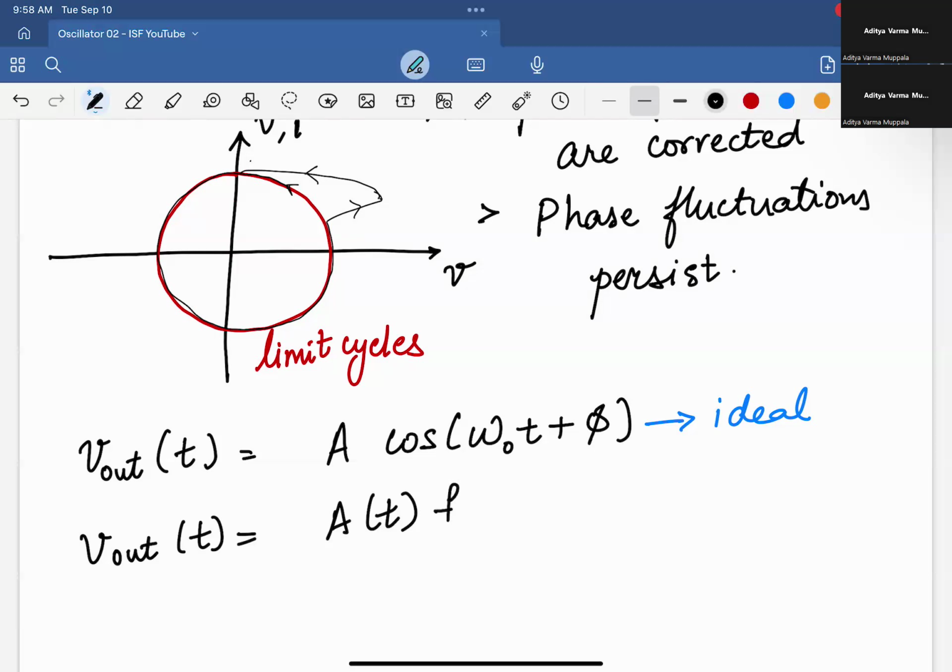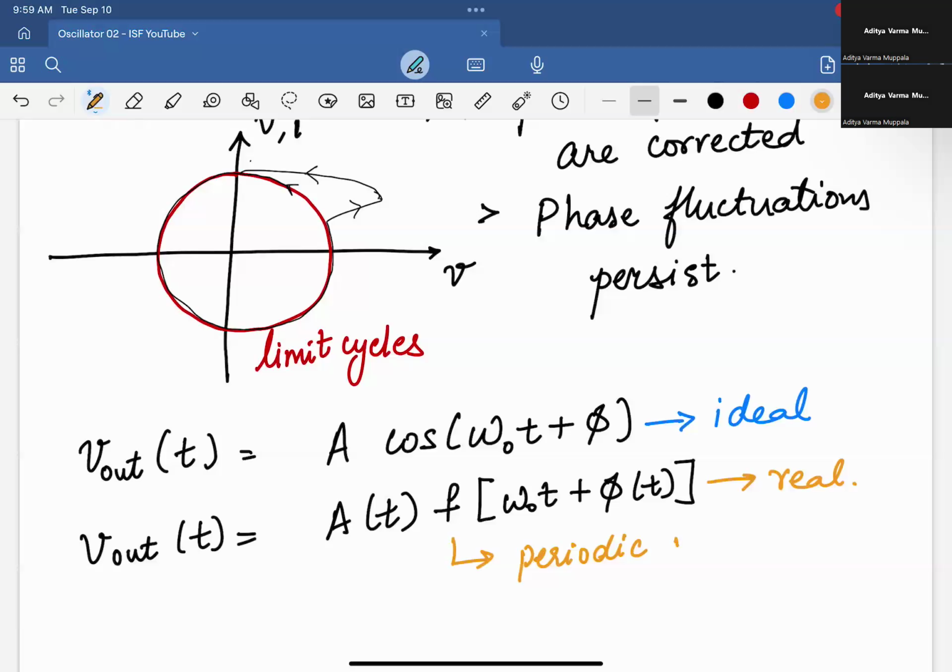And we don't have exactly a cosine. We have some f of omega naught t plus the phase, which is also a function of time. I'll call this realistic, where this f is periodic with a period of 2 pi.